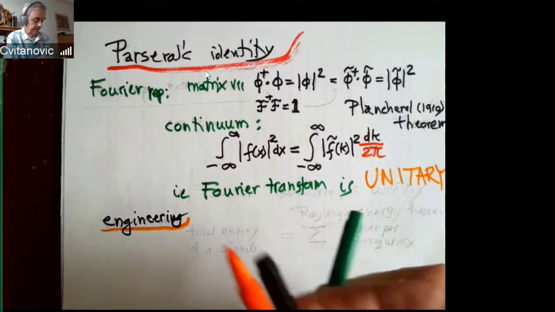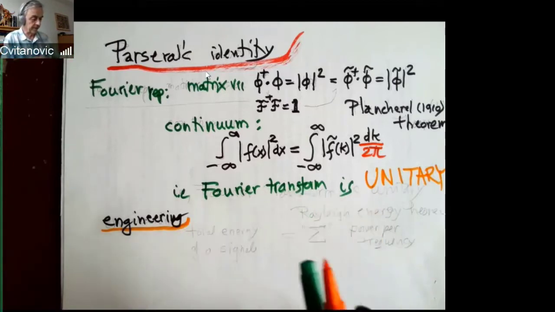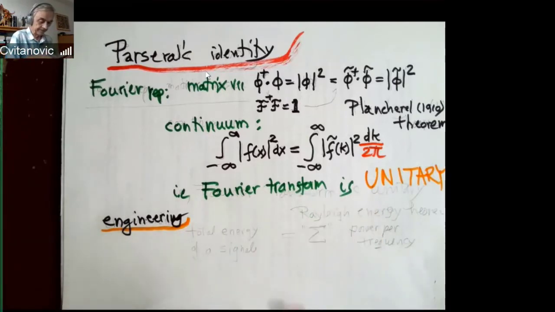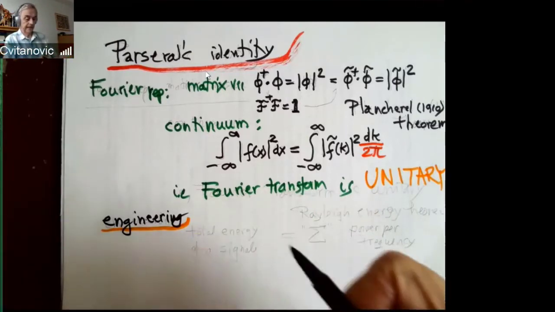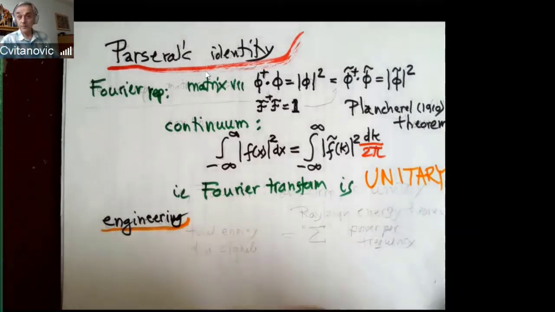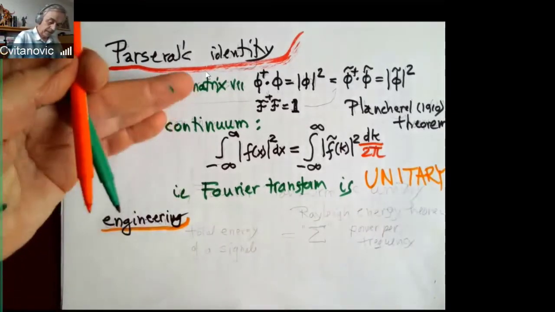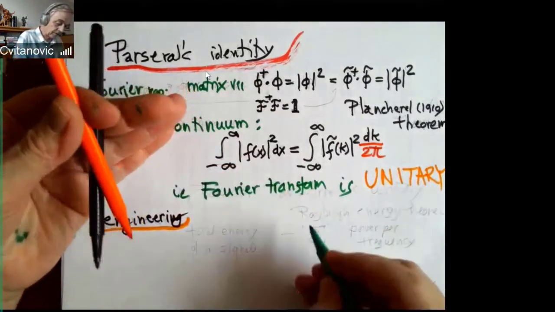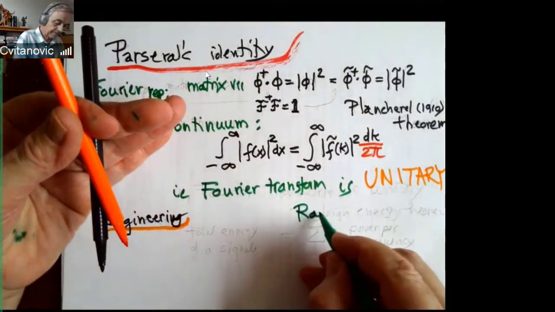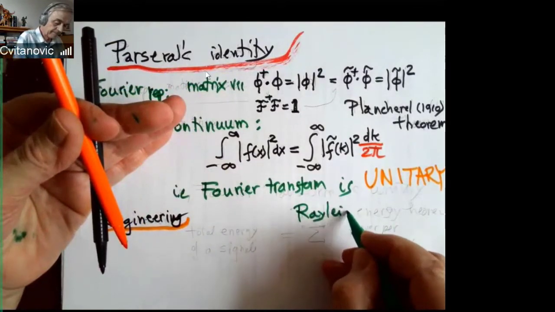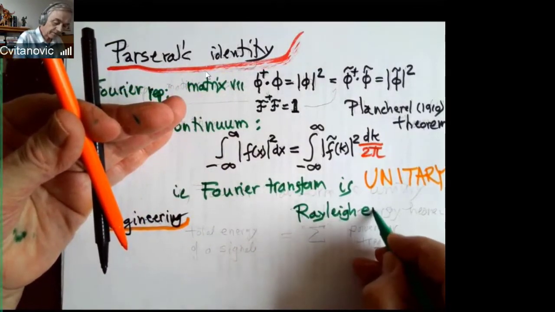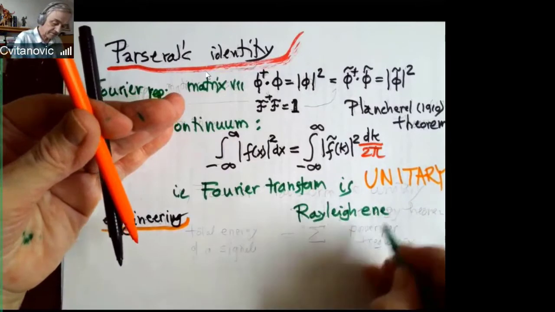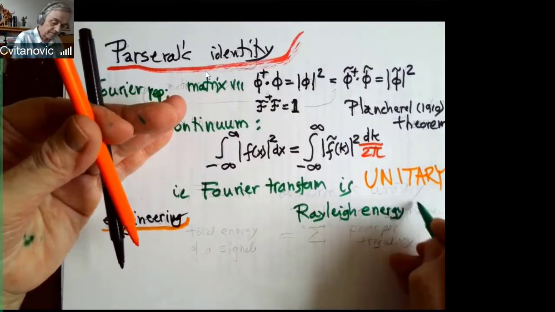You are working in the studio, mixing a good audio signal for, let's say, Gogol Bordello, or whoever. And now it's called Rayleigh's energy theorem. So now it's serious stuff.